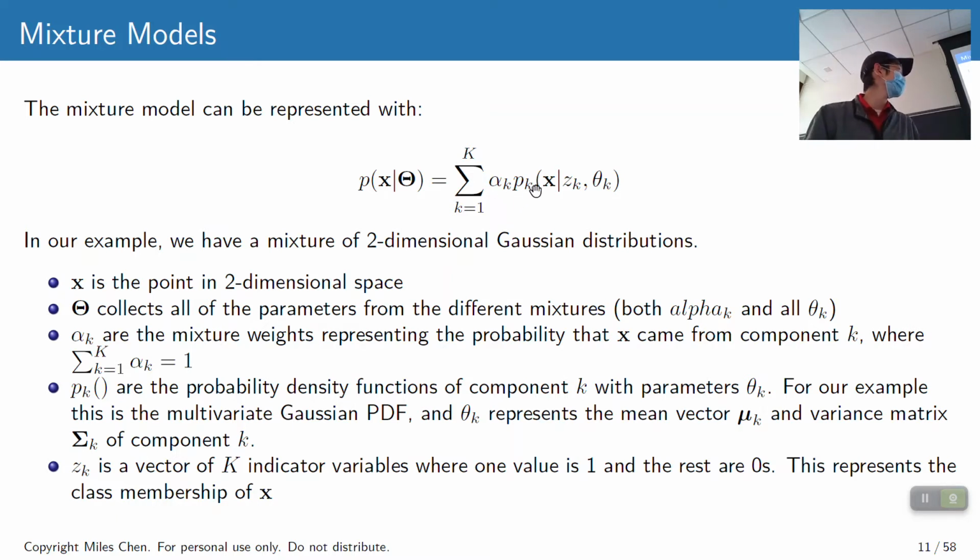And Z is a vector of indicator variables, 1s and 0s, saying whether a point belongs to cluster 1, cluster 2 or cluster 3, the membership class of a point x.